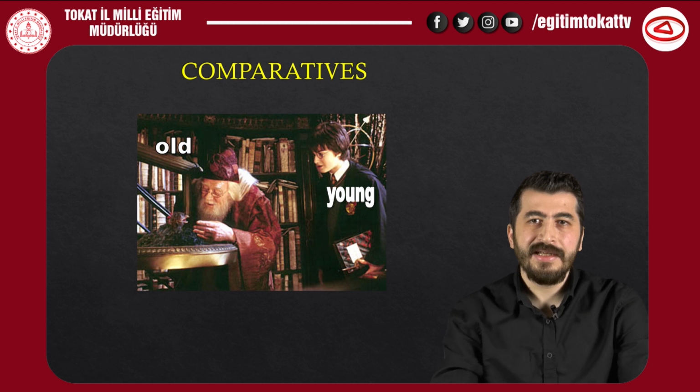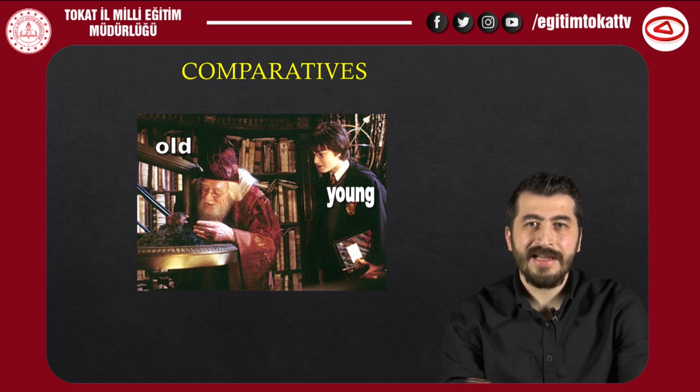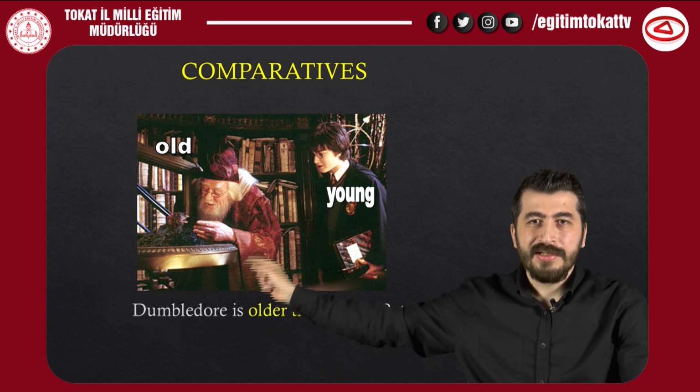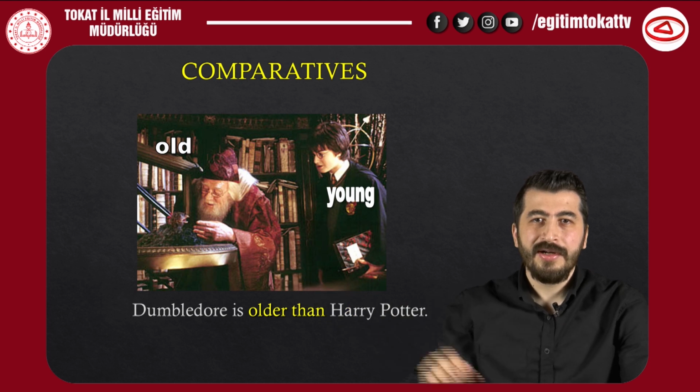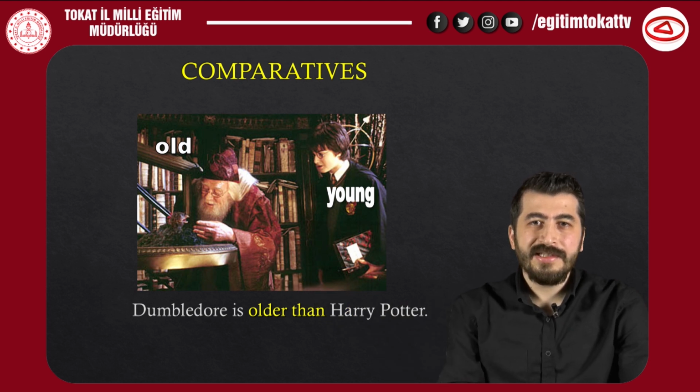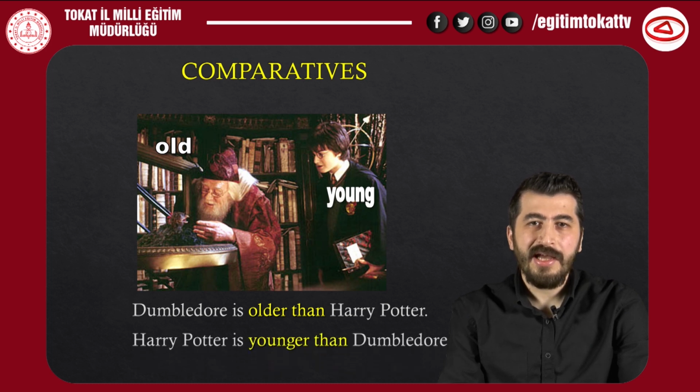Comparatives, let's see, old and young. Do you remember Harry Potter? Let's make an example here. Dumbledore, the old man, is older than Harry Potter. Harry Potter is younger than Dumbledore.